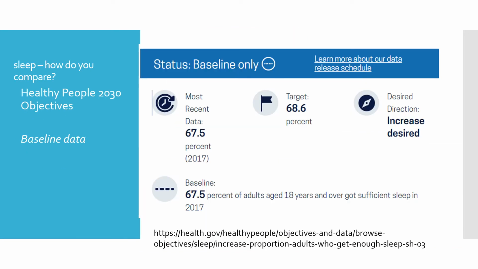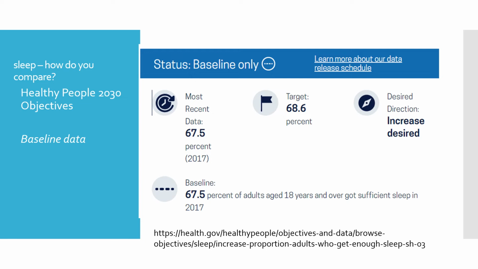Here's an example of what data we know about sleep. So how do you compare? There's something called the Healthy People 2030. It started over 30 years ago, though.